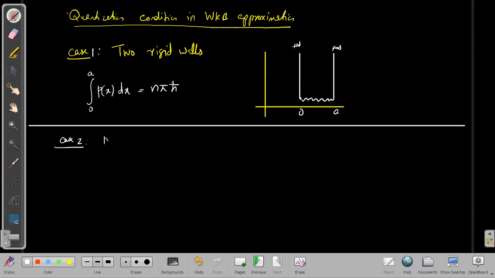Next we can go for case 2. The case 2 is no rigid walls, but two turning points. So no rigid walls, but two turning points, as we discussed in the last case.